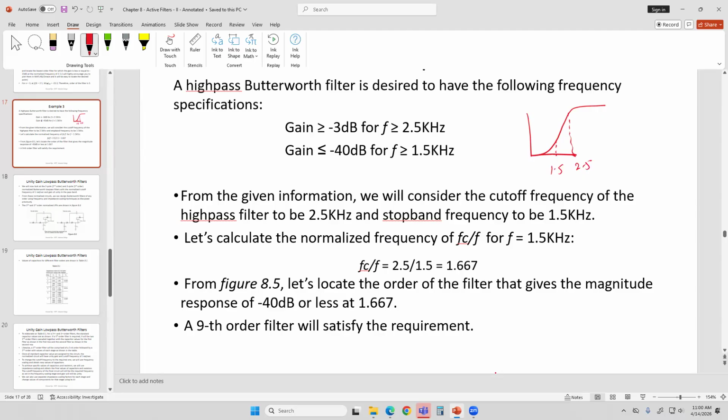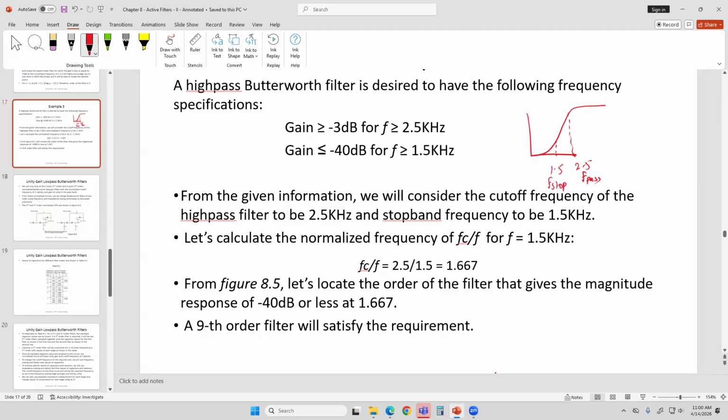So gain is greater or equal to negative 3 decibel for 2.5 kilohertz. That will give you the pass band, F pass. And gain is less or equal to negative 40 decibel for F less or equal to 1.5 kilohertz. So that's going to produce the stop band.